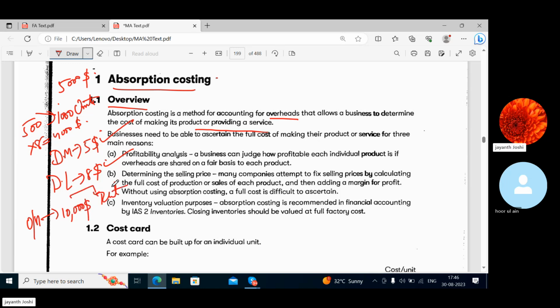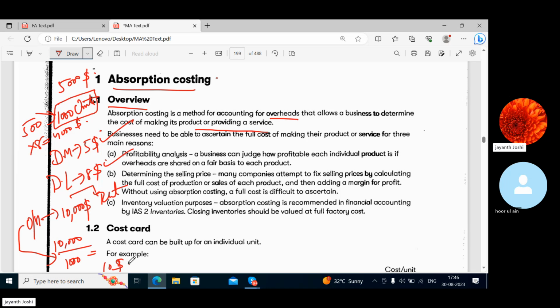Now you tell me, how shall I know what is the per unit cost of rent? That means for making 1 unit of this particular product, how much rent am I incurring? So definitely what you can do is 10,000 divided by 1,000 units. So per unit my rent cost is $10. So this is a general way to understand.